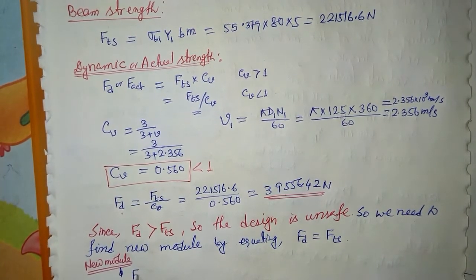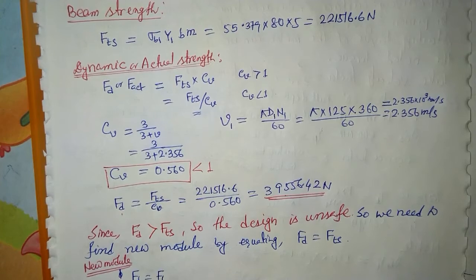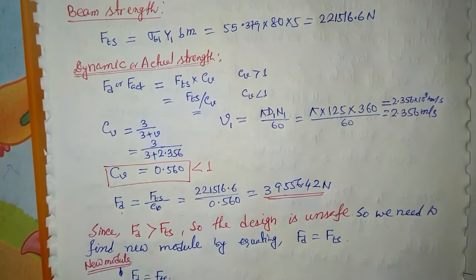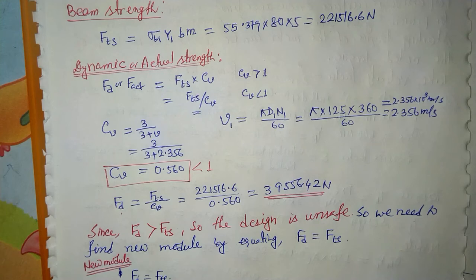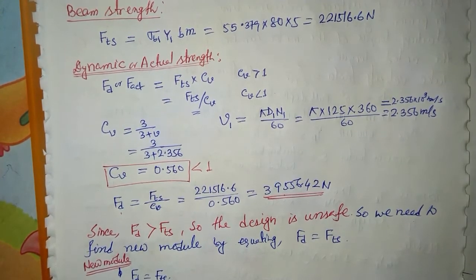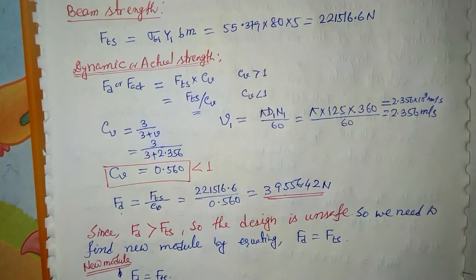So for new module we can write f of d is equal to f of ts, and this is our, how much we got, 39556.42.